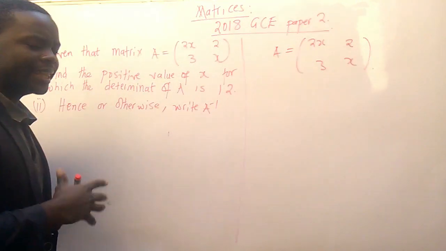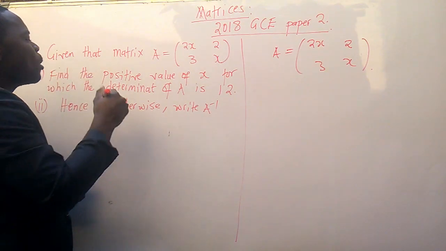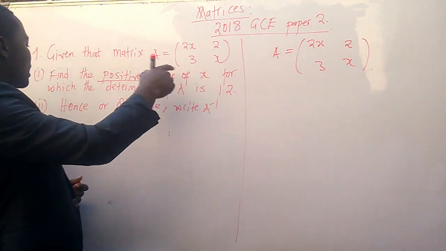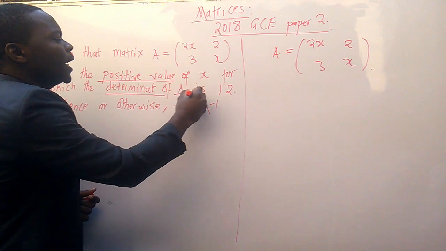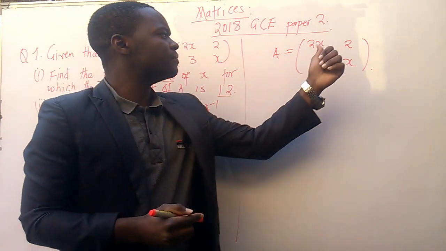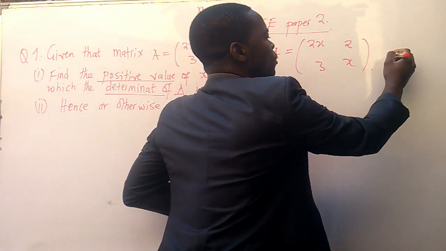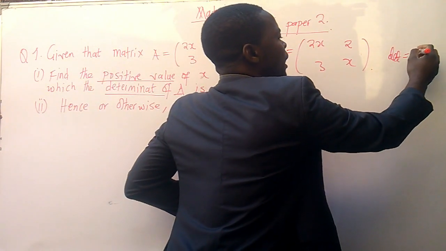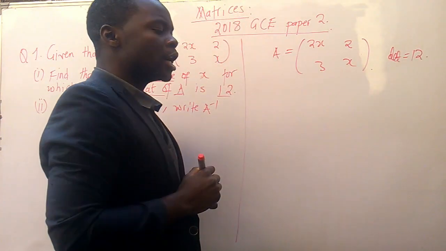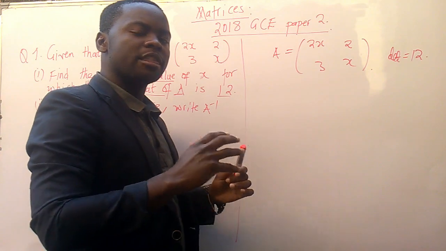Okay? And then now, the first question is saying, find the positive value of x for which the determinant of A is 12. So we want to look for the positive value of x of which the determinant of this matrix is what? We have been given that the determinant is 12. Okay. So the first step first, enjoy yourself by displaying the formula.